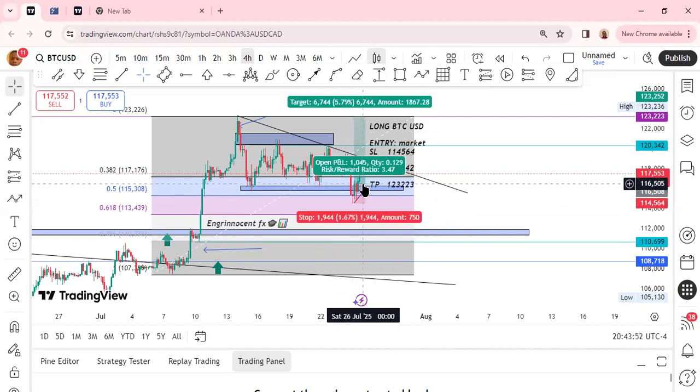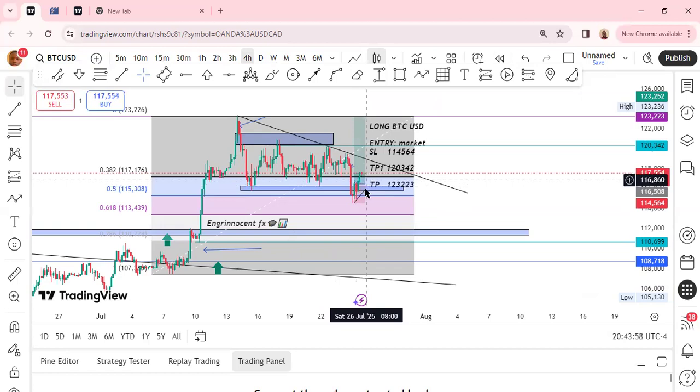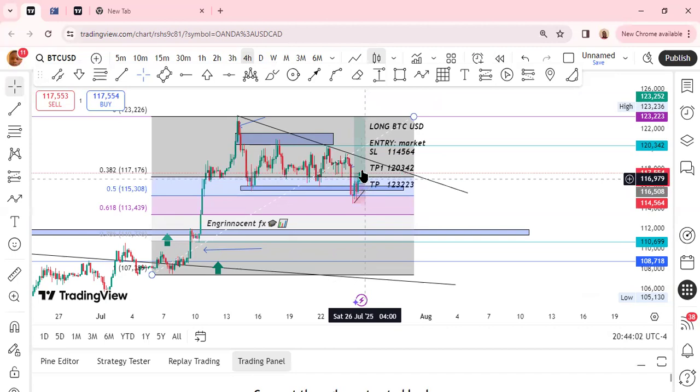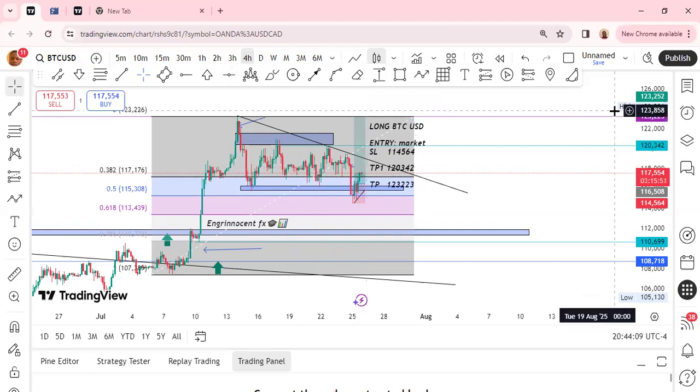So at 100, it's not a bad idea to break even since we are halfway up on our risk. You just break even and leave the trade to see if we get this rally push to the upside. So that is that on BTC USD, right?